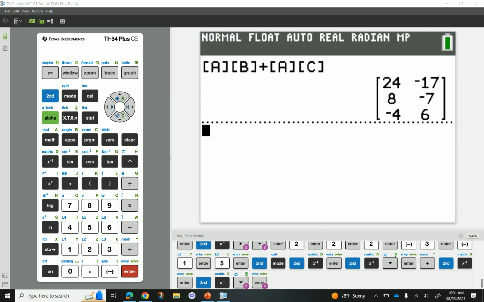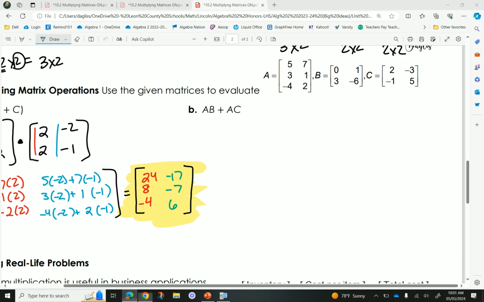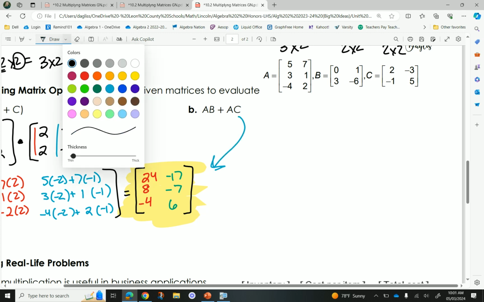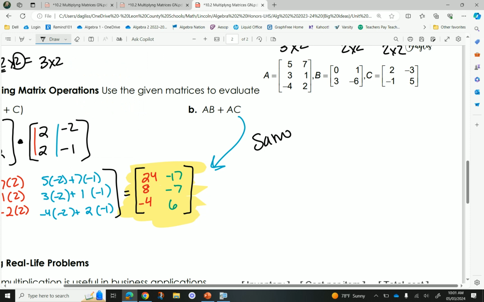So yes, it is the same as what we just did. So matrix distribution is a thing. It does work. Okay. So it was the same. So I'm going to be mathy here.